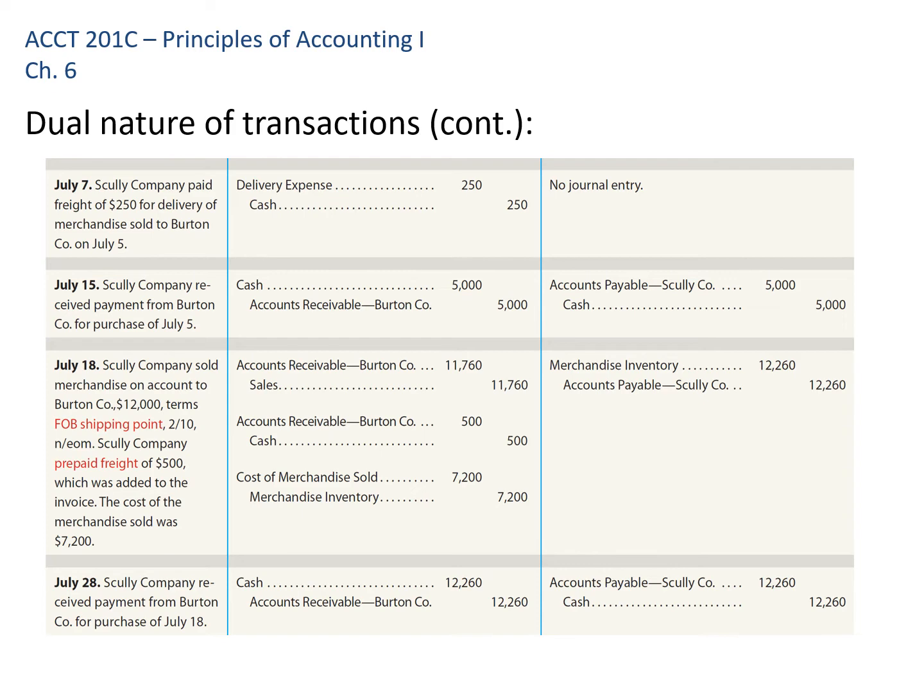We also increase accounts receivable for the $500 we paid the freight company if we're Scully, and we record the cost of the merchandise and reduce our inventory. On Burton's books, they record the net total of $12,260 for the merchandise. That's $11,760 plus $500, and they create an accounts payable showing that they owe that money to Scully. Then that is paid at the end of the month, or on July 28th rather.